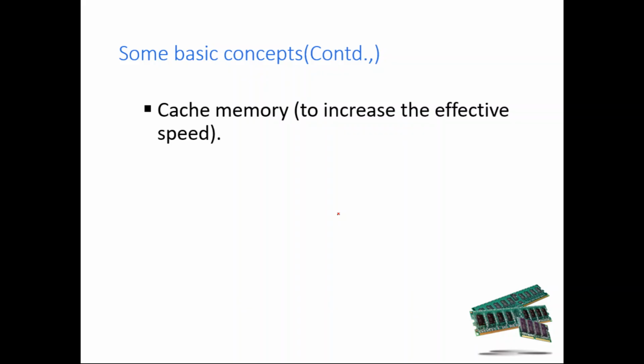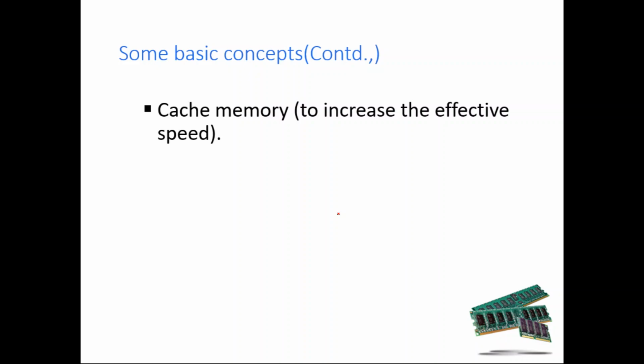So we will be discussing in detail cache memory, which is used to increase the effective speed of the computer. If there is no cache memory, then the processor will work at a very fast speed, but the memory cannot cope with that speed, and the processor has to wait for a long period of time. To avoid that, we introduce cache memory.